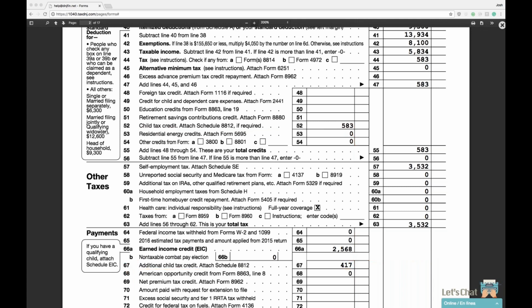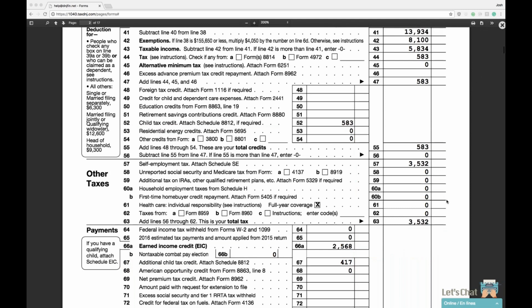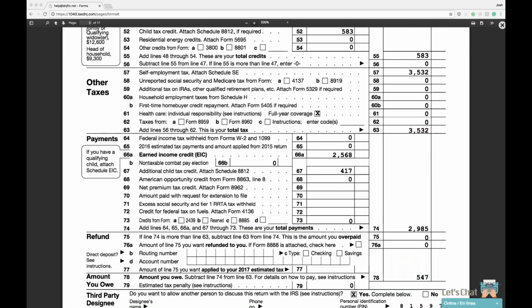So, the next step is to say, well, Mr. Customer, you have a self-employed tax debt. You owe the IRS self-employed tax of $3,532, but you have some credits here, and those credits are going to be credited to this number.